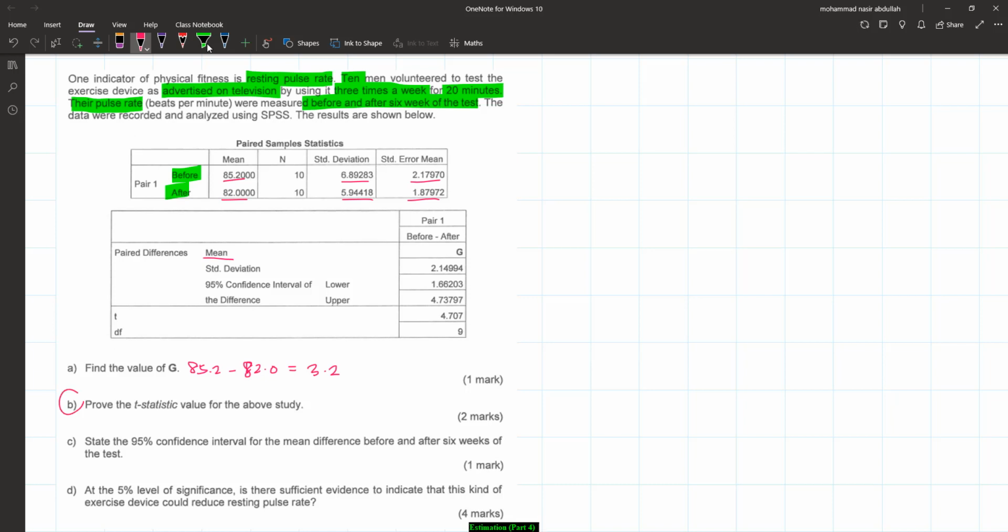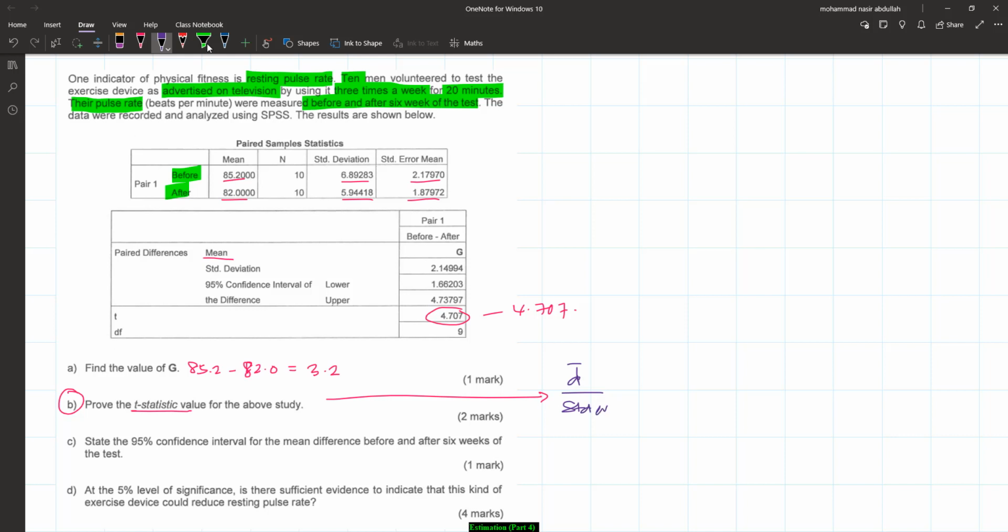So B, prove the T statistic value for the above study. So T statistic is 4.707. So T statistic basically is getting from the mean difference, ataupun kita letak D bar lah, D bar divided by standard error of the difference.